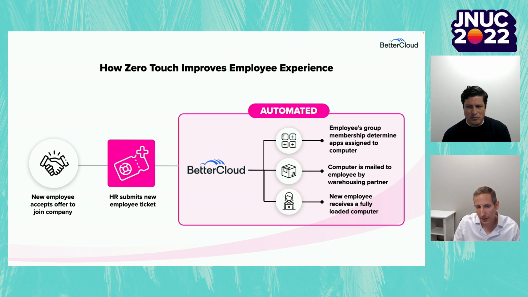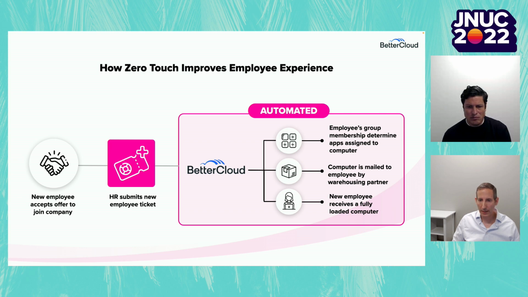Now, though, we have the HR team simply creating a ticket for IT that says, in fact, that employee is ready to join. And everything after that point in this new scenario is completely automated. In this case, using an automation platform like BetterCloud, like we saw in the video. And everything is automated from that point on.